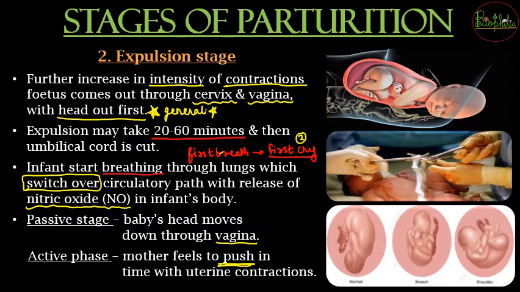When cutting, first of all it will be clamped. Once you clamp, that means the blood flow has been stopped. For example, if this is the umbilical cord and you clamp two particular ends, that is clamping, meaning you are stopping the flow from here and from here, and whatever is left out will be between the two clamps.